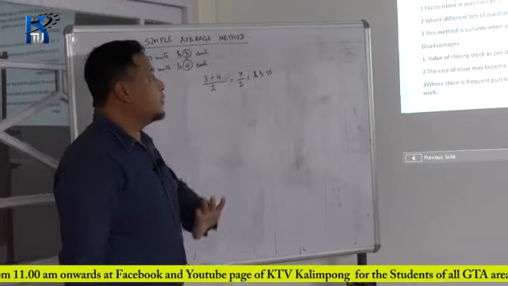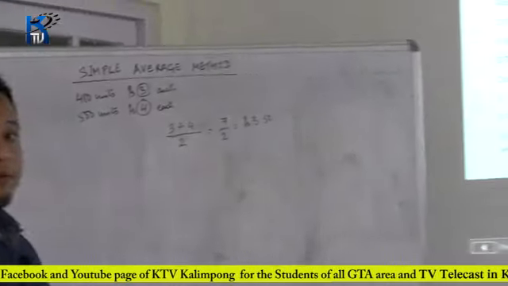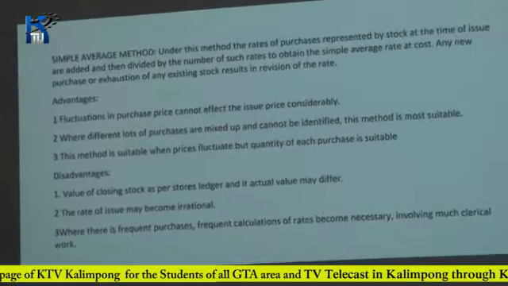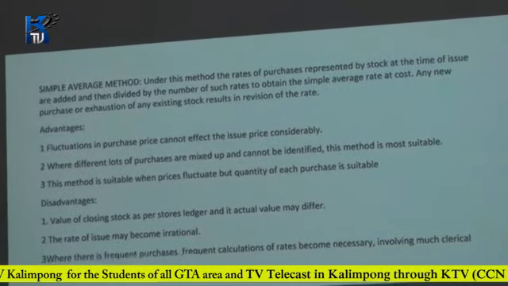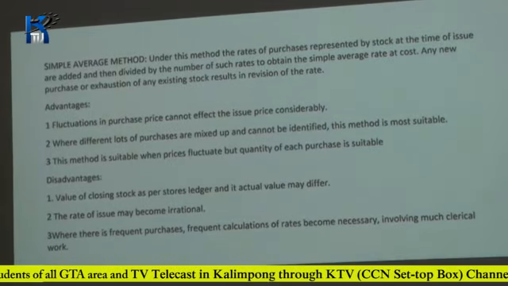So let's go through the advantages and disadvantages. First, in simple average method, if there is any fluctuation in the prices, the issue price will not be affected very much.